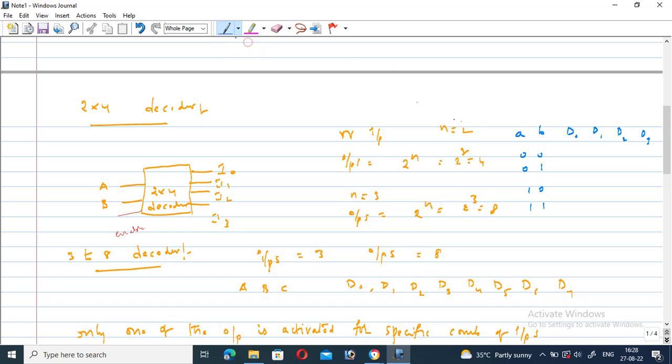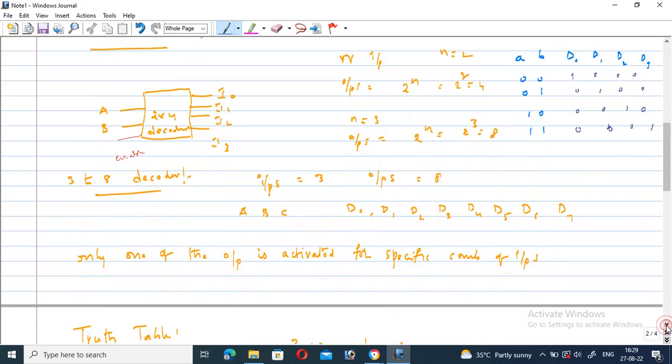For the first combination D0 is 1 and the remaining are all 0. For the second one, D1 is activated. For the third, D2 is activated. For the fourth, only the last one is. So this is the truth table for the 2 to 4 decoder. This is how the number of input lines relates to the output lines.